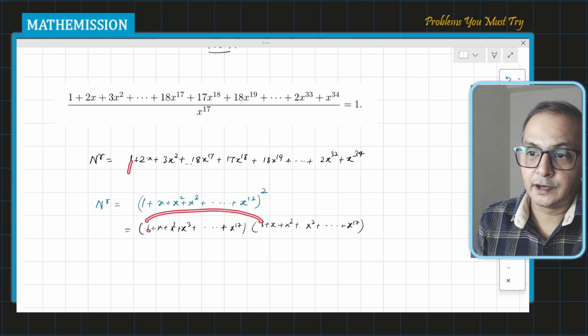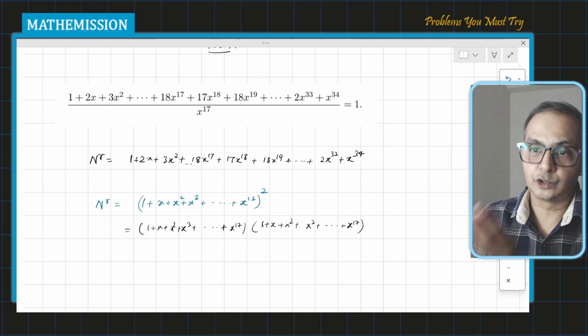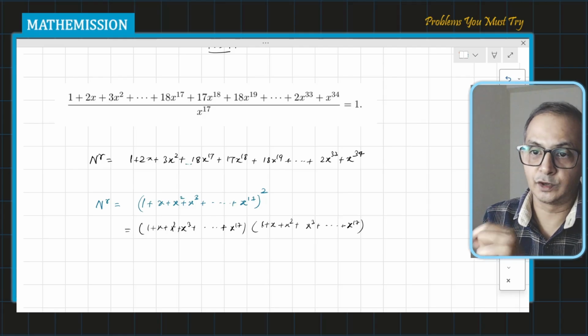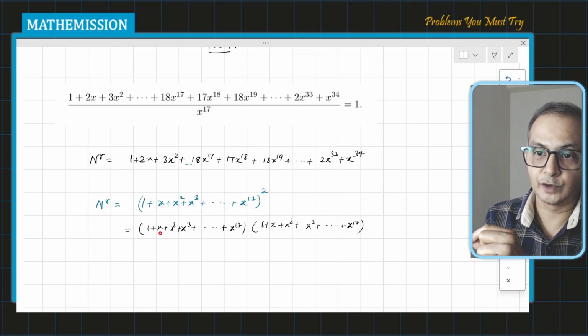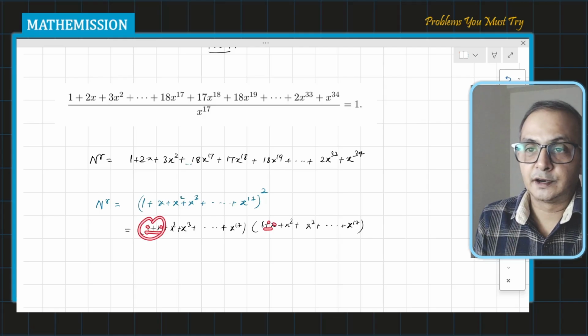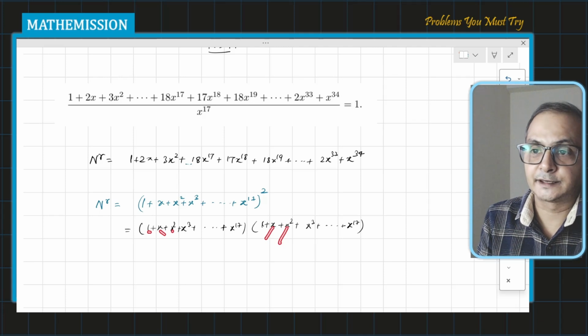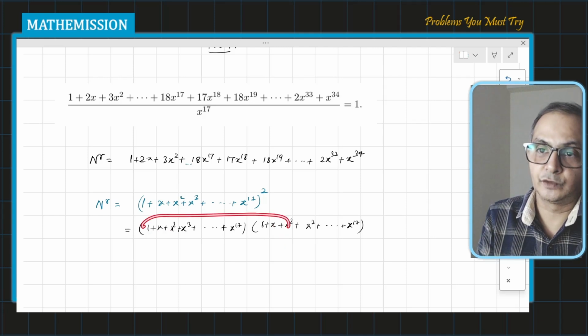I get 1 into x and then x into 1, so we get 2x. There is no other way to get 2x; these are the only two cases. So 2x will be achieved by 1 and x, and then x and 1. Similarly, to get 3x squared, I will have 1 into x squared, then x into x, and then x squared into 1. So we get 3x squared.